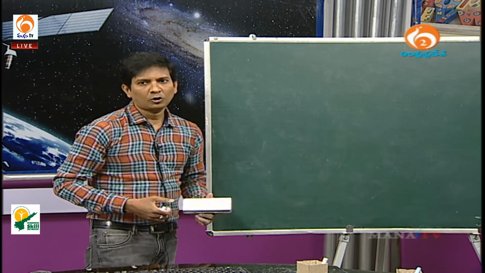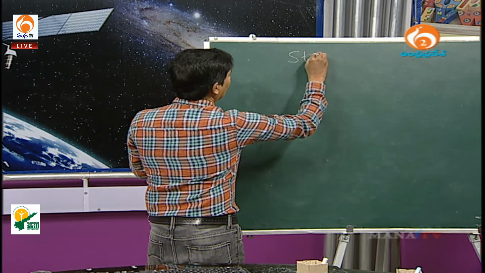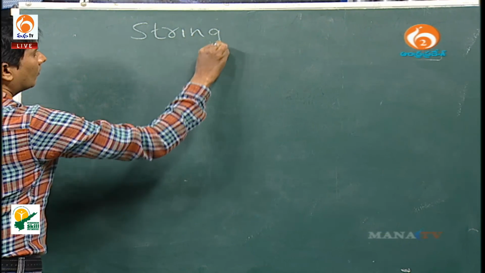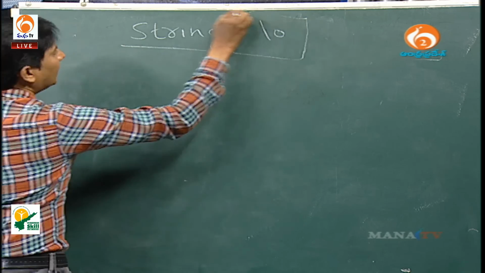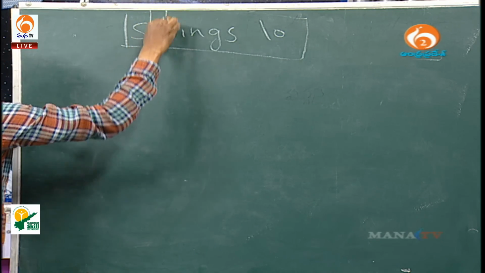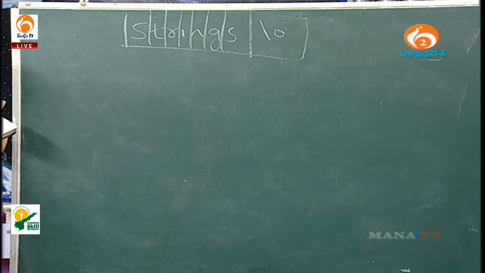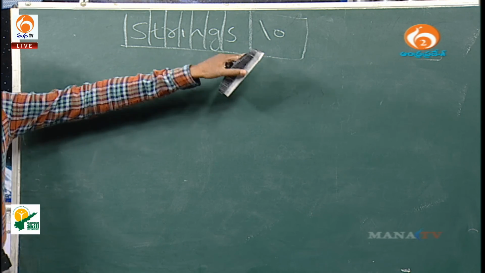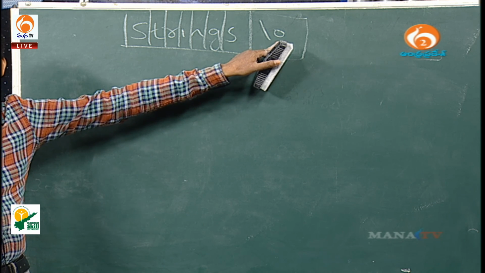Okay. Next our concept is strings. A string is a collection of characters ending with a \0, the null character.